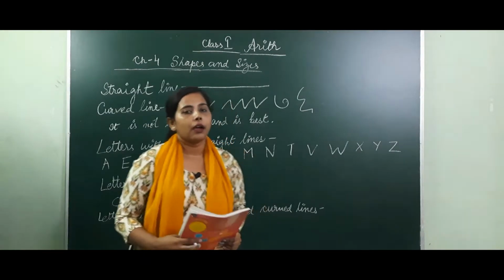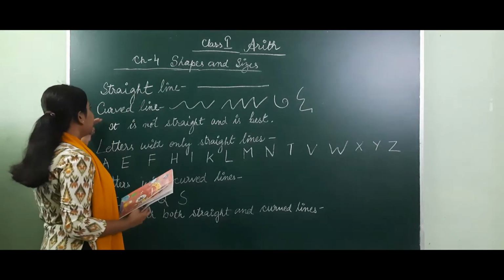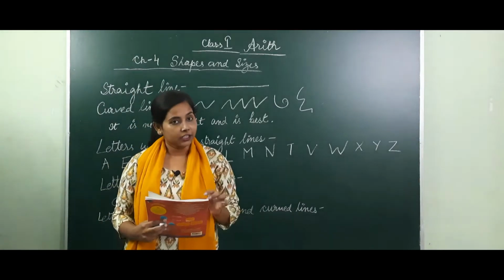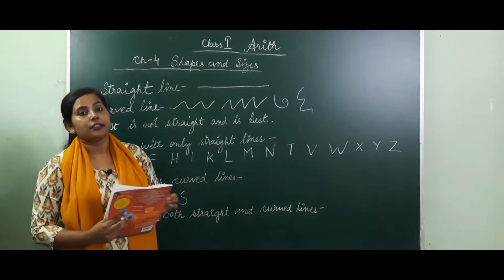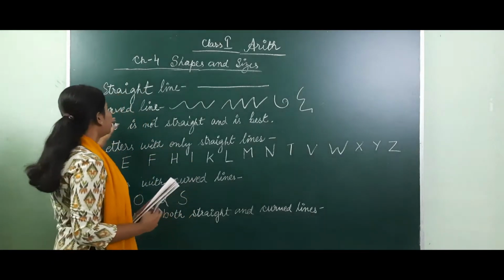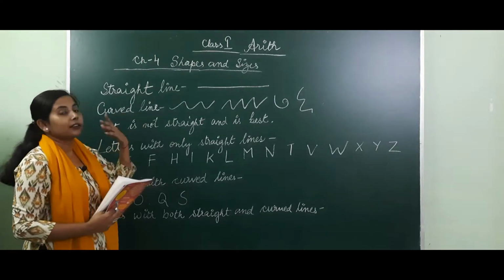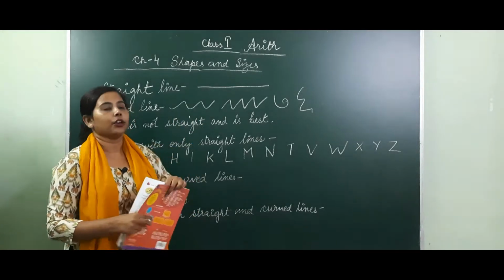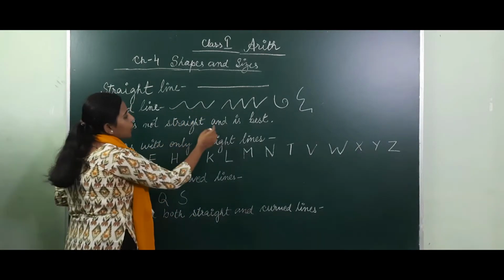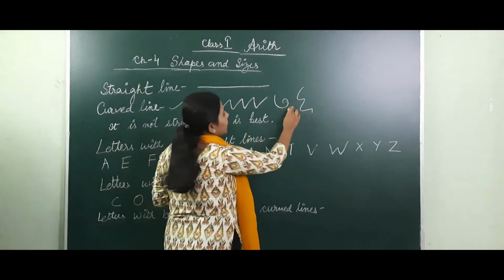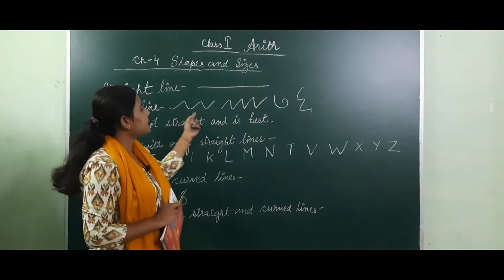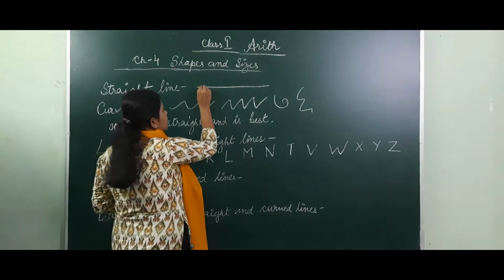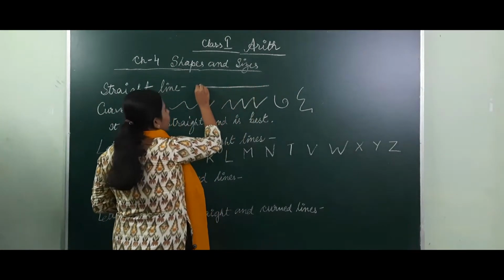Now we shall know about straight lines and curved lines. When we were studying the circle, I told you that a circle is not made up of straight lines, it is of curved shape. A curved line means any line which is not straightly drawn. It can go zigzag, it can go in this way or that way, but these are not known as straight lines. Straight line means this one: a simple line drawn from the starting to the ending point.